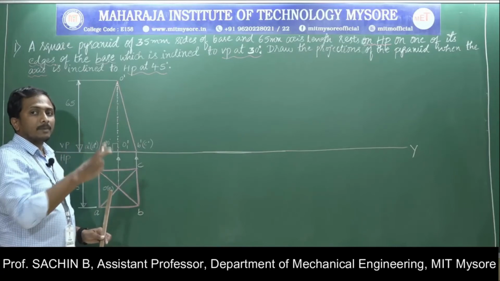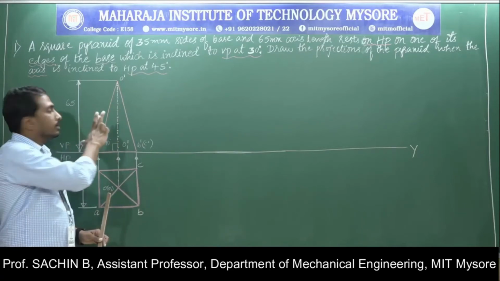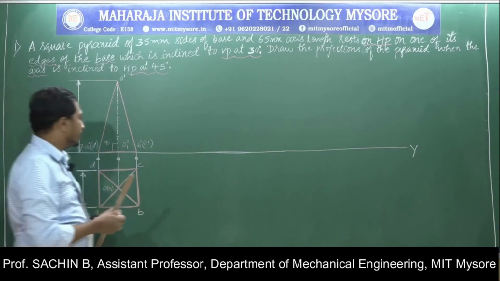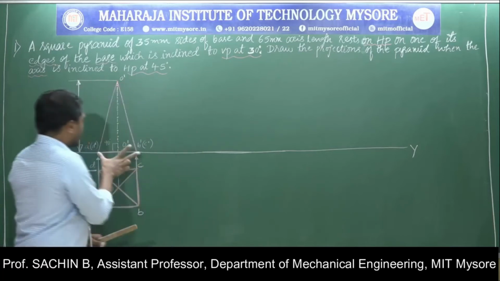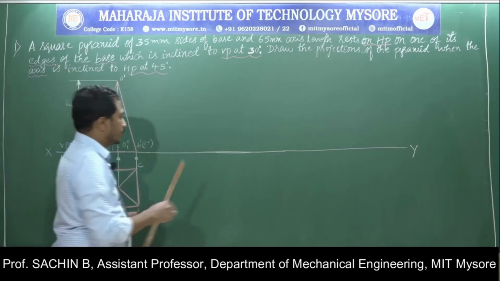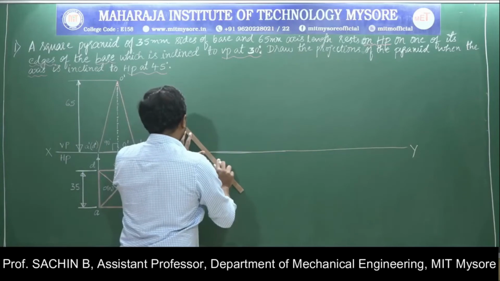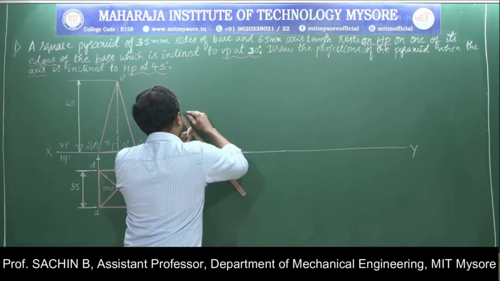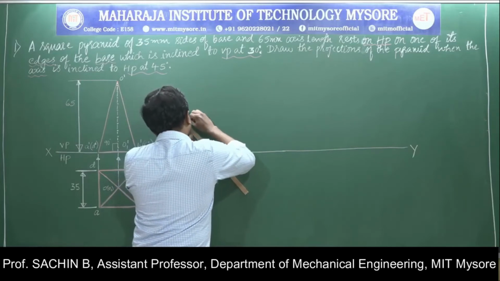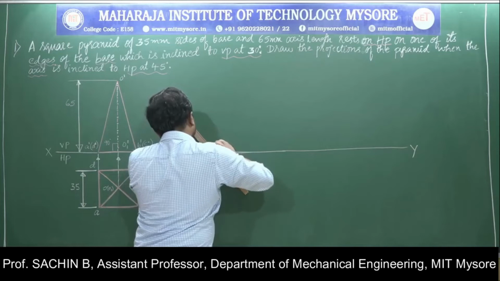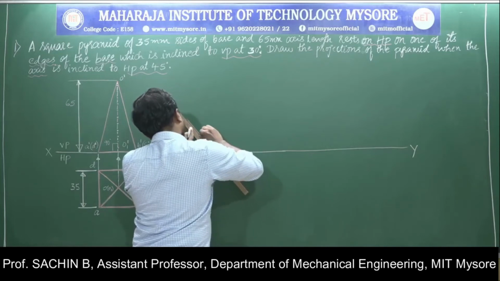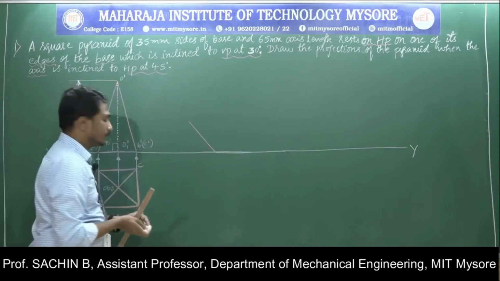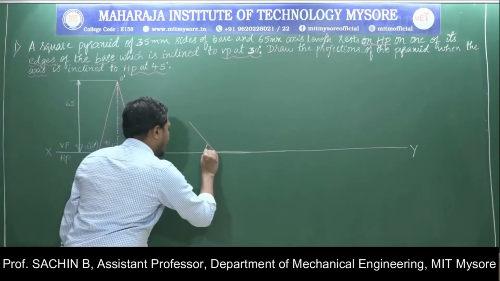Then with the help of a compass, I am going to measure the distance of the sides. For that, you can observe here, I am going to measure the base edge length and draw an inclined line at an angle of 45 degrees to the horizontal plane.